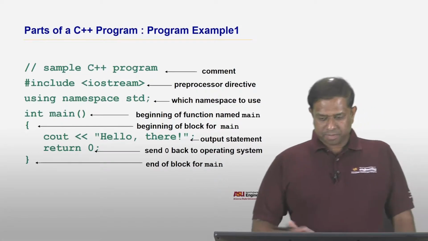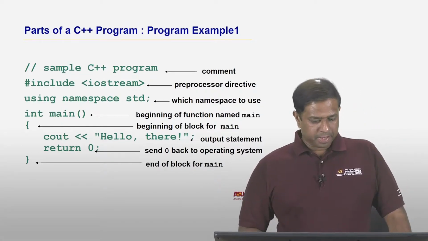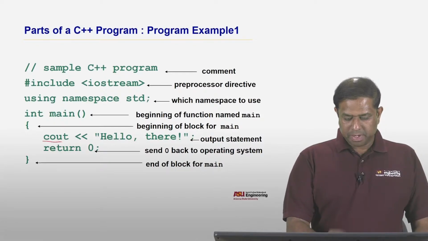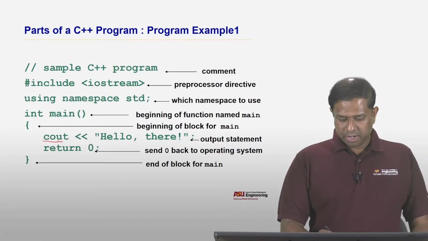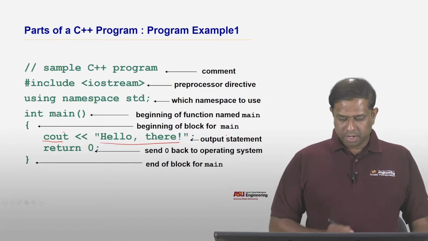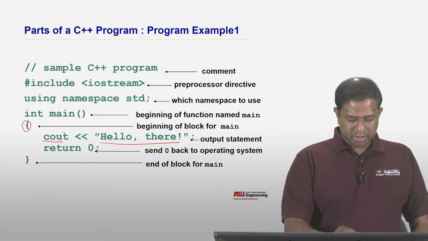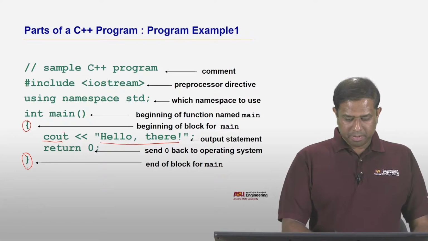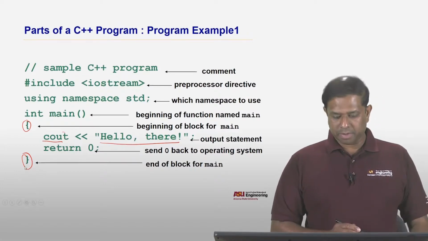So here is a more elaborated example then. In this particular program, what we are doing is sending some data values to the monitor: cout and then hello there. That's a string that we are sending. That's the output statement. Now we know that we have these special symbols like this to indicate the beginning of the program as well as the ending of the program.